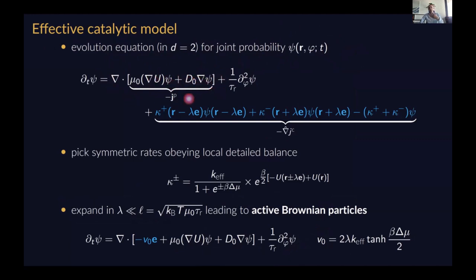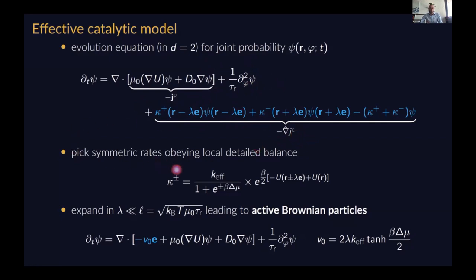These two terms are the translational particle current. There is this diffusive rotational motion that gives rise to this term. And then on top of this, there are these chemical events that translate the particle by the jump length lambda along the orientation. This is just a master equation that can be interpreted as a finite difference of a chemical current between these two reservoirs.